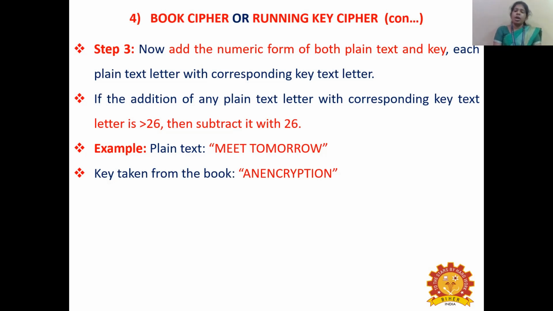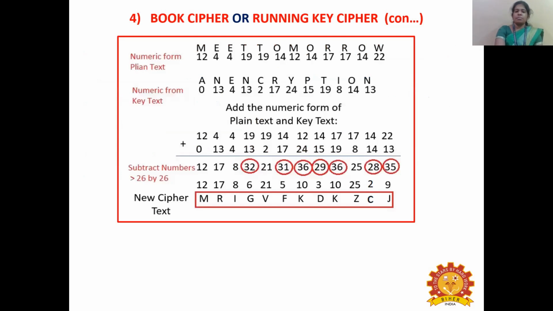You have to take the key as a count of 12 letters as well. So the plain text, key and encryption total count is equal to 12 letters. So our first step is over.